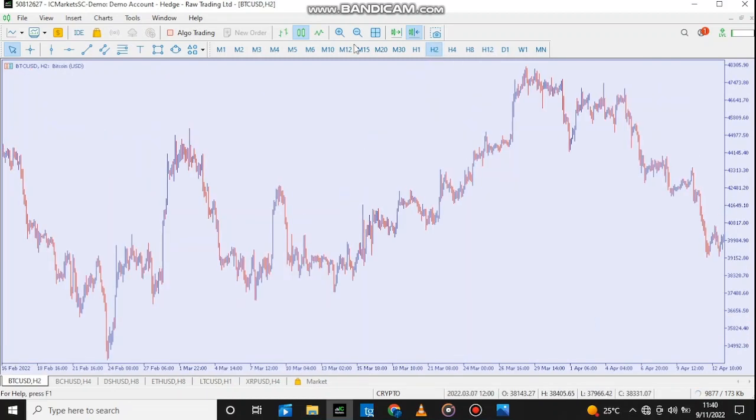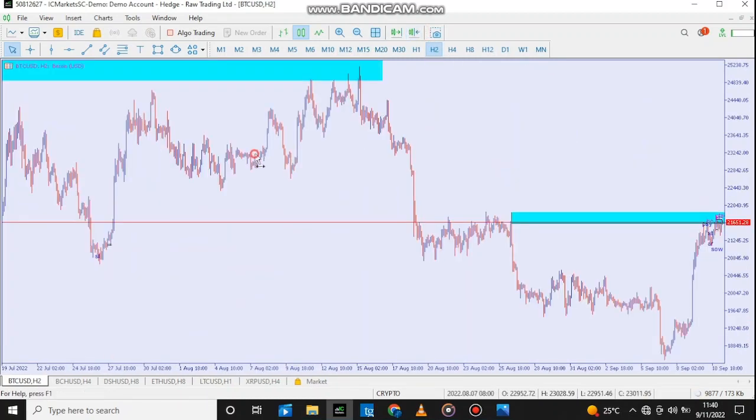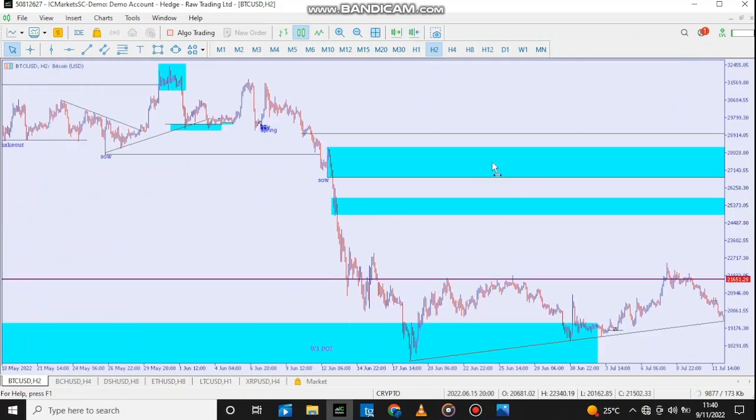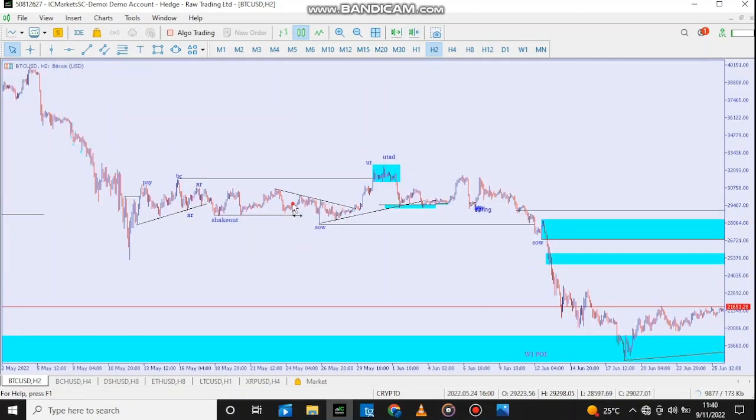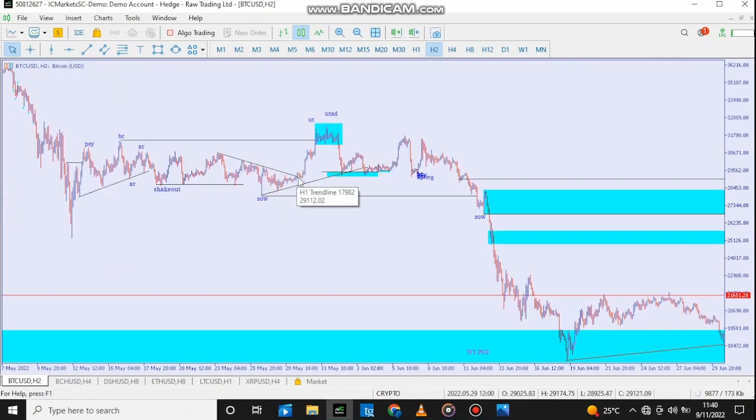I'm going to make a video like of this accumulation. I did this analysis and this up move, which was one is to 50, this distribution is to 20, and this move to the upside.